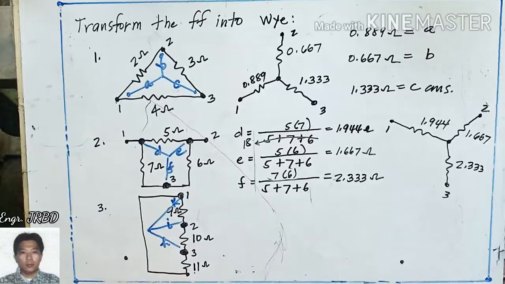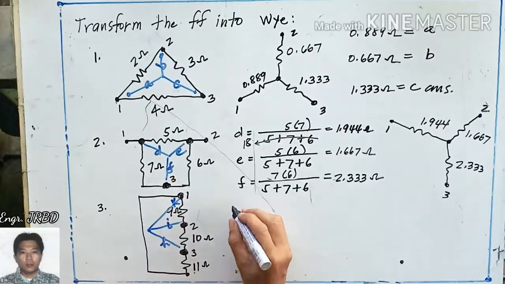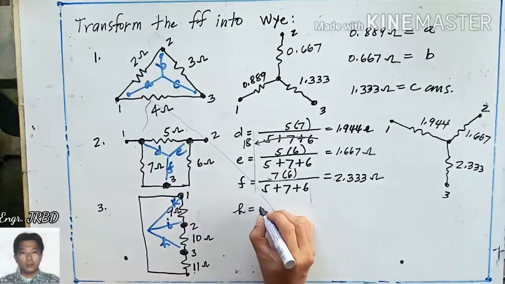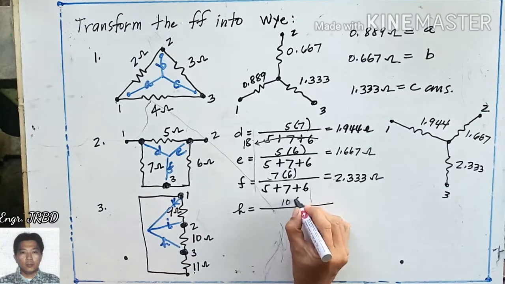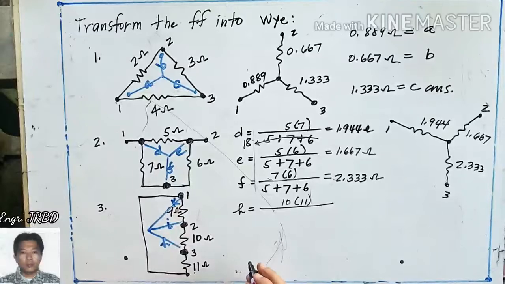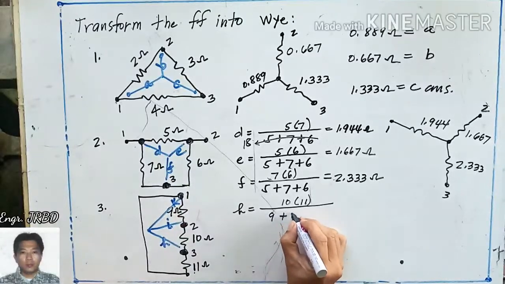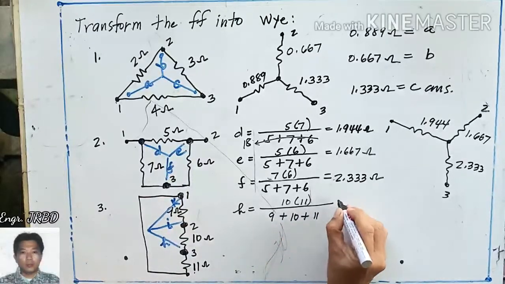Using the rule, your H is the product of the two adjacent legs. For H, what are the adjacent legs? It is 10 and 11, divided by the sum, that is 9 plus 10 plus 11.